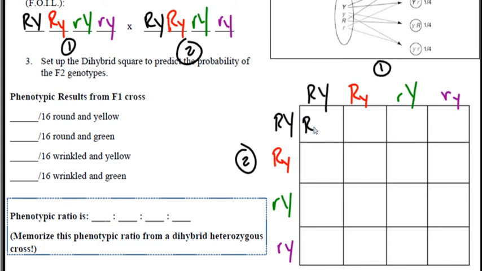So my 2 R's right here are 2 capital and 2 uppercase. I have an uppercase R and I have another uppercase R and a lowercase y. Uppercase R, lowercase r, and another uppercase y.